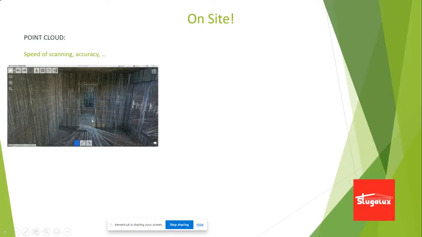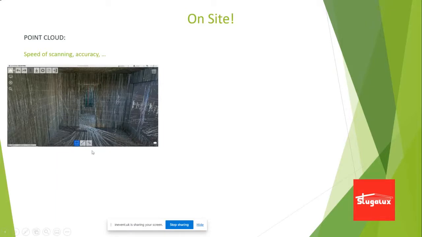If you take a lot of time in the same room, then you get very, very detailed millimeter accuracy. But on this site, we were basically just doing the walls, so if the accuracy is a centimeter, it's still okay. If it's the difference between 2 and 3 centimeters, then we have to get a warning. So the speed of scanning is usually the trade-off with accuracy.